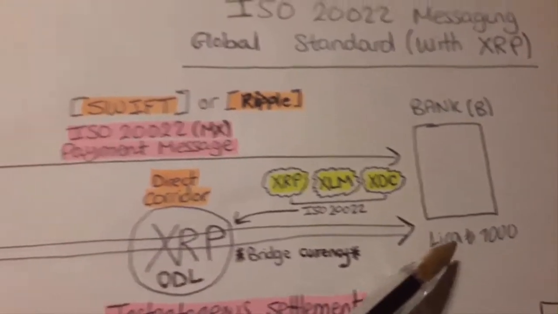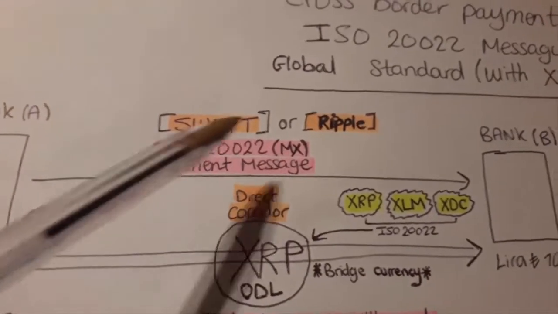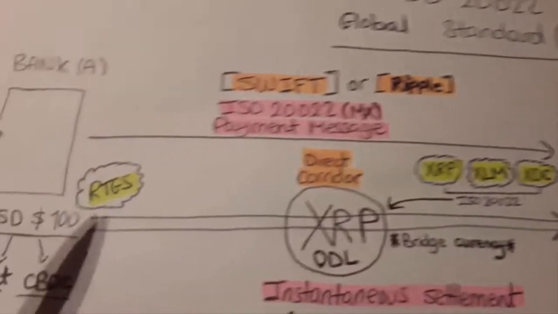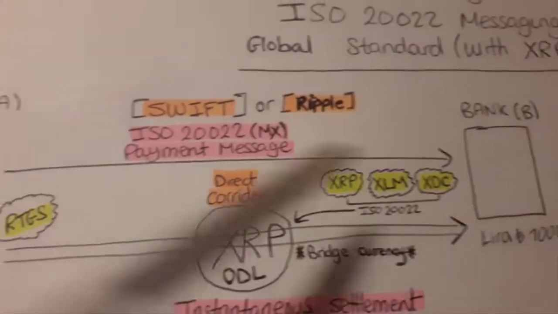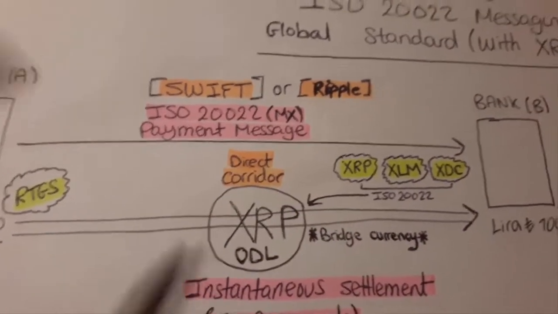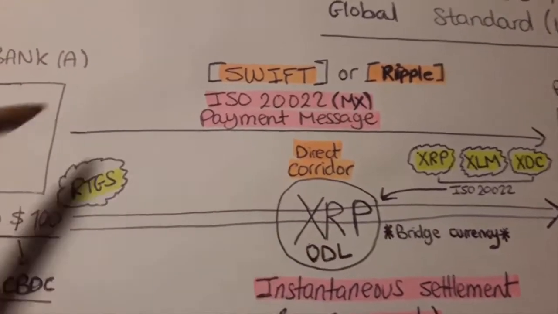And if you remember in my other video, this payment step involved lots of corridors, correspondent banks, and intermediaries, because there was no direct relationship. Now, in this same example, there is no direct relationship between them. They don't have accounts with each other, but that doesn't matter because they're going to use the XRP RTGS system.